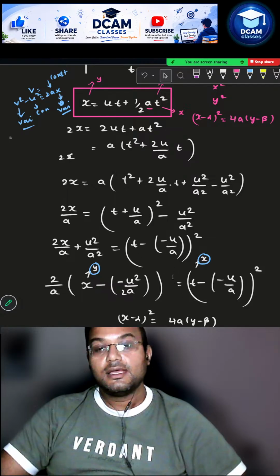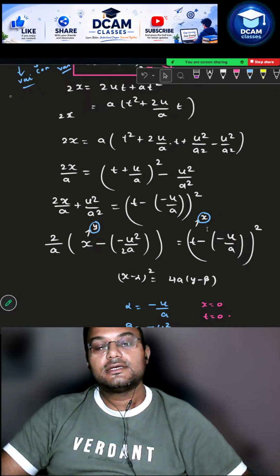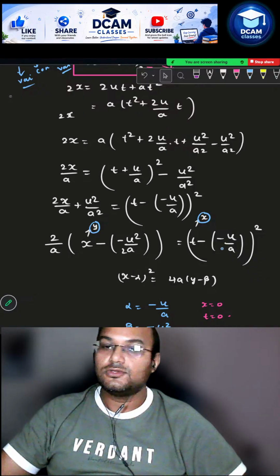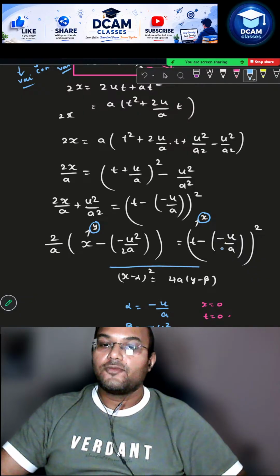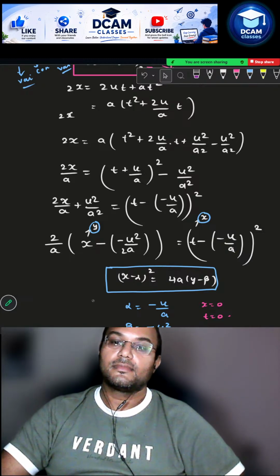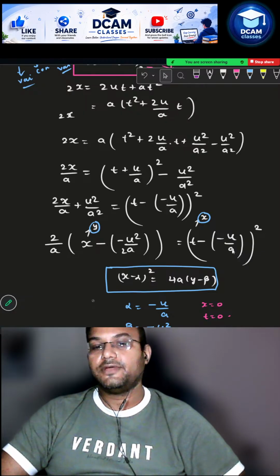Here, because the x-axis is t and the y-axis is displacement x, it is of the type x minus alpha whole square is equal to 4a into y minus beta. It will be upward facing, right? It will be upward facing. Correct.